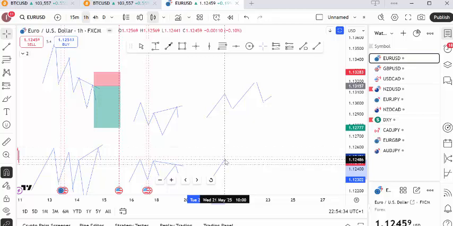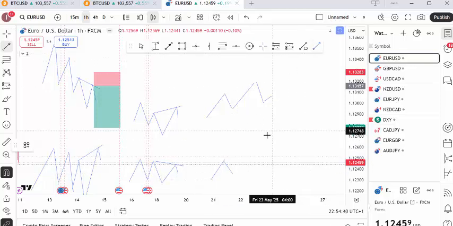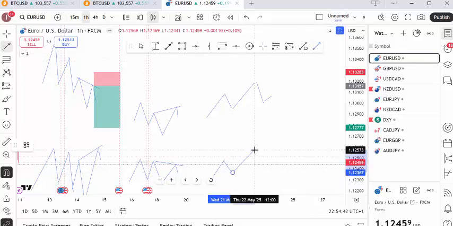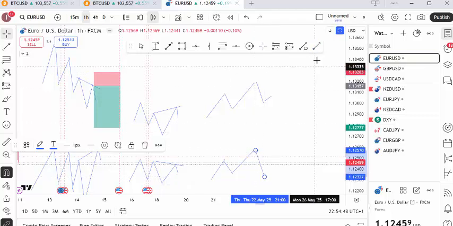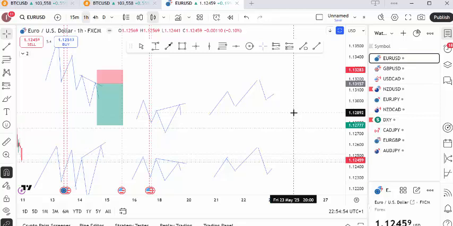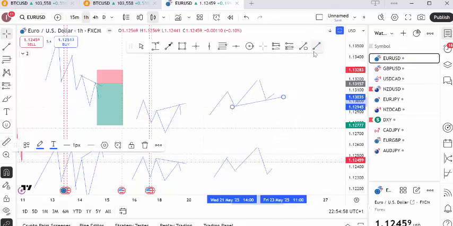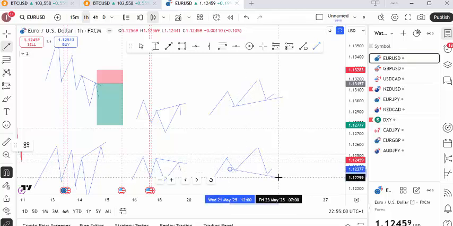At some point it follows price. That's what indicators do. They follow price at some point and then do whatever they want to do at some other time. So at this point it will go lower, and then it will want to take off.